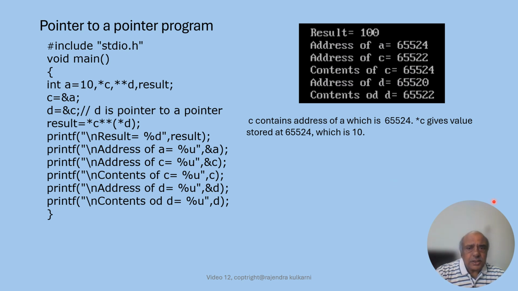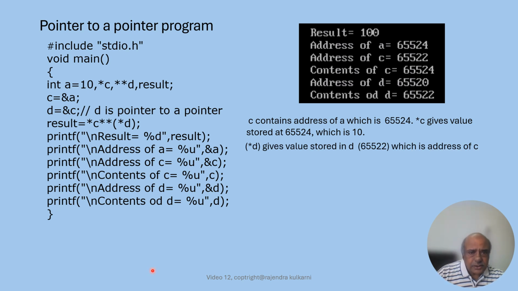So C contains address of A, which is 65524. Star C gives value stored at 65524, which is 10. Star D into the bracket, this expression into the bracket star D gives us value stored in D, which happens to be the address of C. D is equal to ampersand C, that is the assignment we have made in the program.